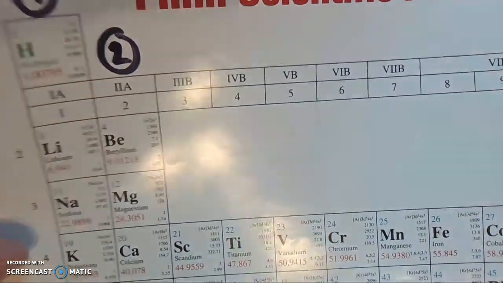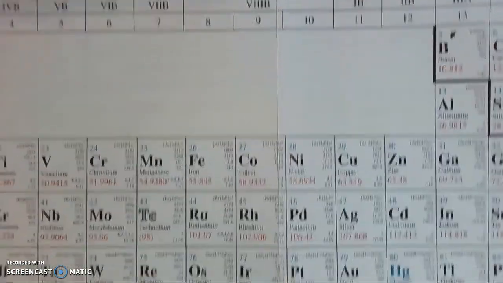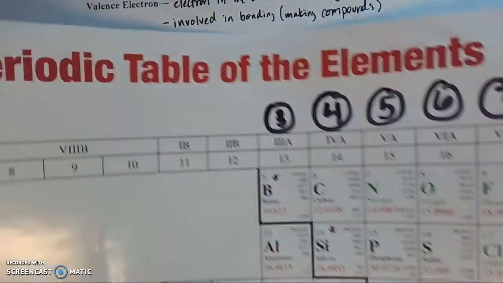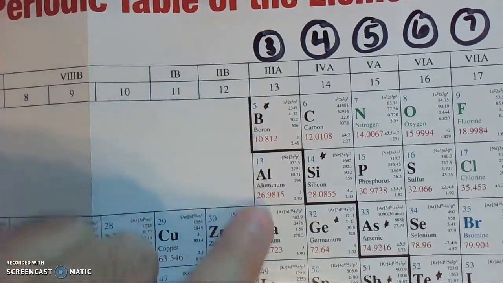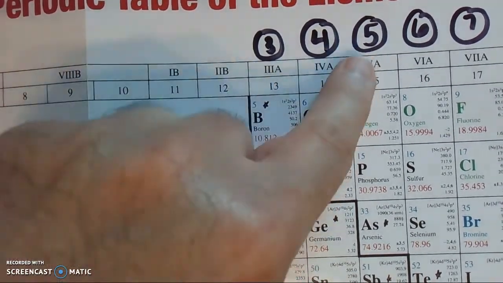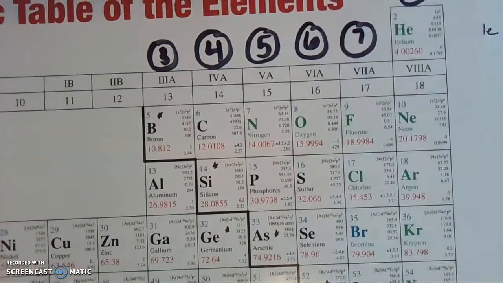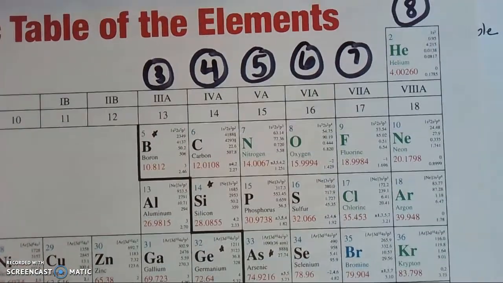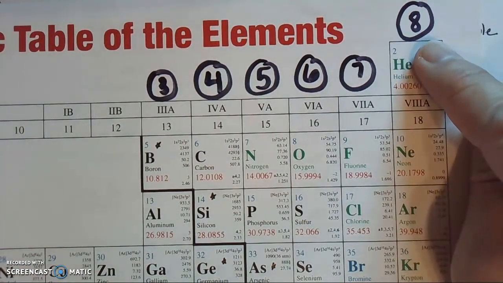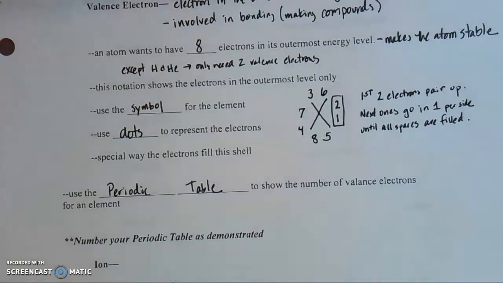Everything in group 2, the whole way over to here, and including everything down here, has 2. Everything in this group, from boron through nihonium, has 3, 4, 5, 6, 7, and 8. And a lot of you know that group 8 we call the noble gases. Well, there's a reason for that, and we'll talk about these groups a little bit later.